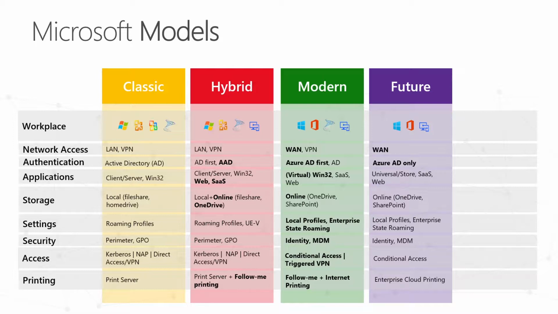Modern and future models push further into pure online management services such as Azure Active Directory, and looking at WAN connectivity, device management outside the corporate network. As we move from classic through to future, the underpinning application estate transfers from heavily Windows 32-bit on-premise applications to an increased use of SaaS applications, negating the requirement for remote software distribution capabilities.